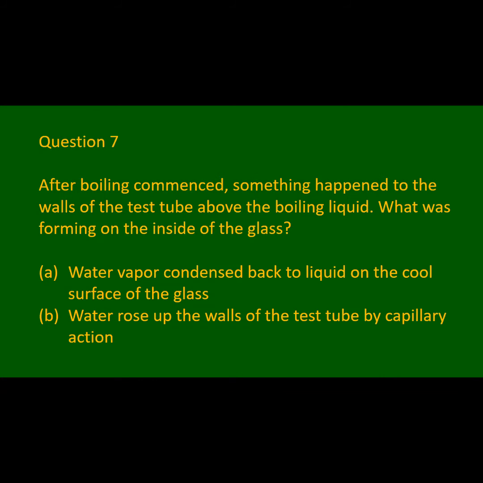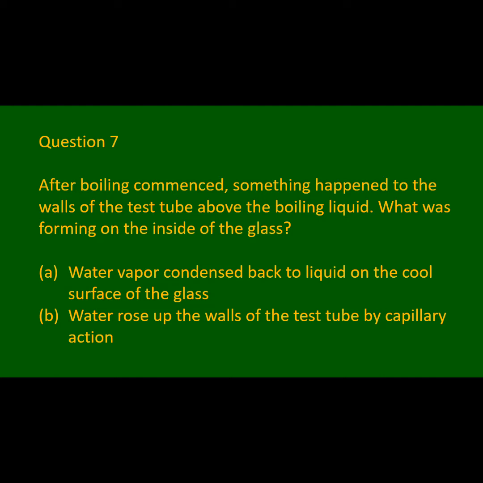Question 7. After boiling commenced, something happened to the walls of the test tube above the boiling liquid. What was forming on the inside of the glass? A. Water vapor condensed back to liquid on the cool surface of the glass.